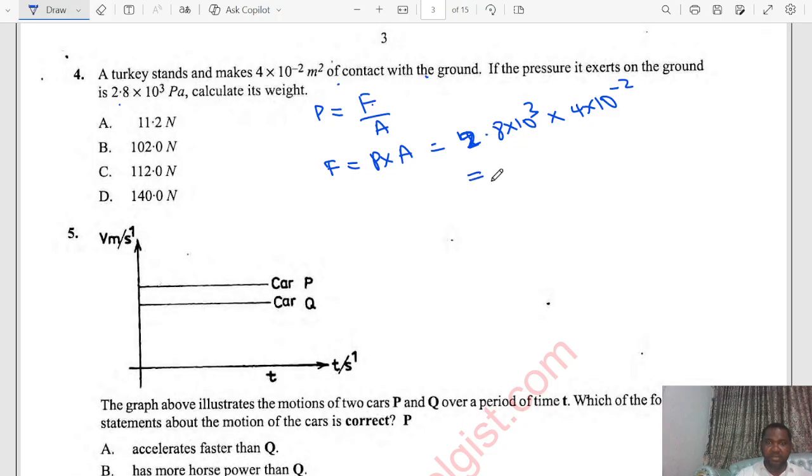That is going to give us 2.8 times 4, which is 11.2 times 10, so that's 112 newtons. That's the answer. So C is the answer to that question.